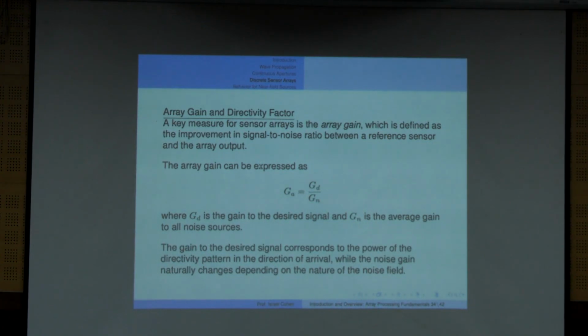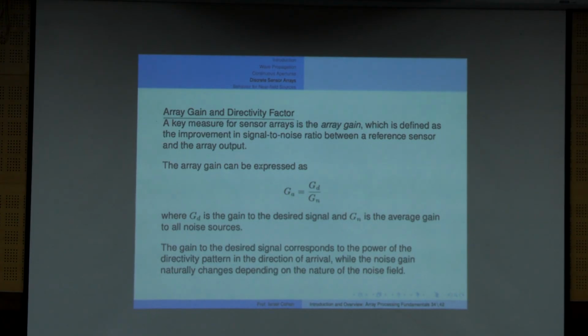So the array gain for spatially white noise, for thermal noise, we will call white noise gain. If the noise is diffuse, coming from all directions with the same power, we will call this array gain directivity or directivity factor.